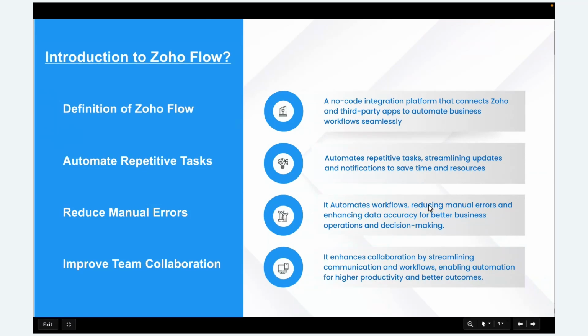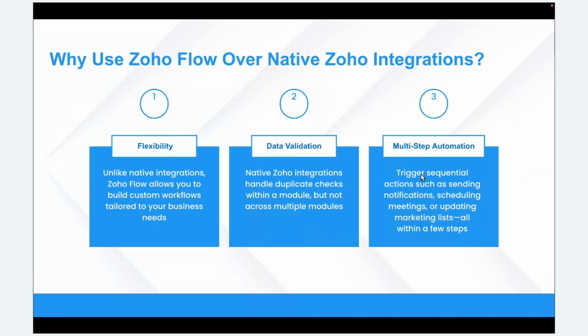Zoho Flow is an integration platform which helps us connect all our Zoho and third-party applications. It ensures that all our data stays updated across all our systems, and all our departments stay updated. Zoho Flow acts as a bridge which helps us automate our complex workflows without needing to write a single line of code.